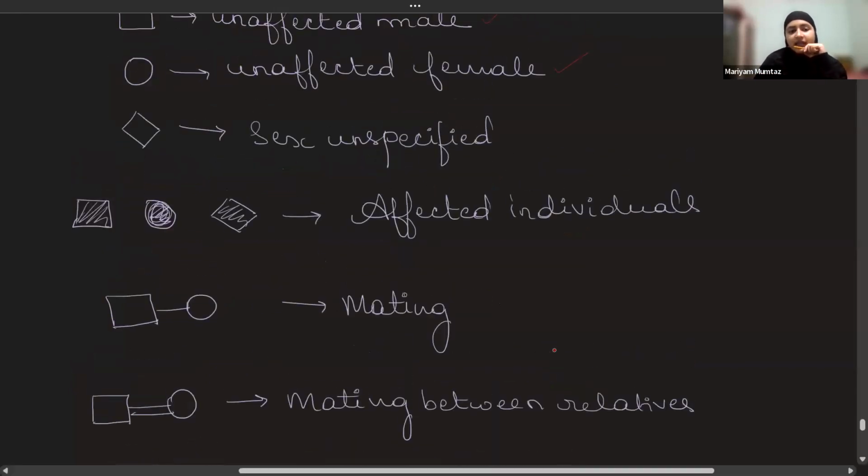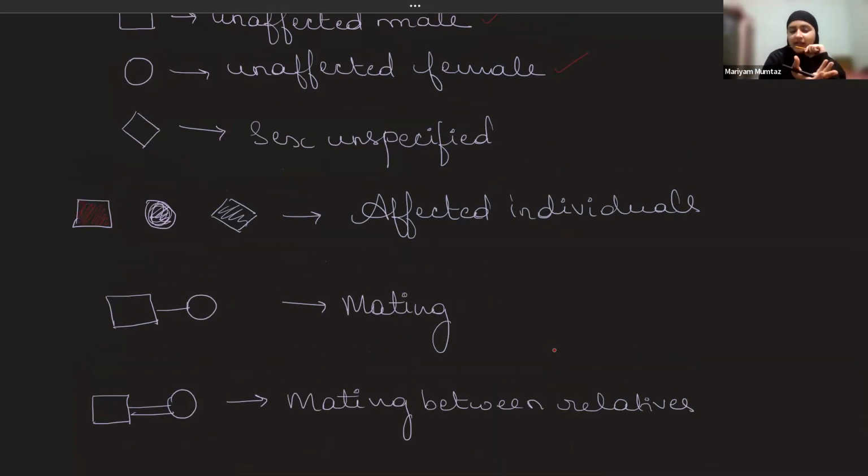And when you color them, the solid square, the solid circle, or the solid diamond shape, all of these would represent affected individuals. It is not just lined, it is filled with color. So that is your affected individuals.